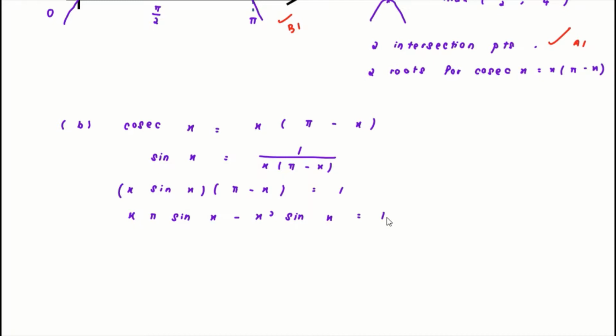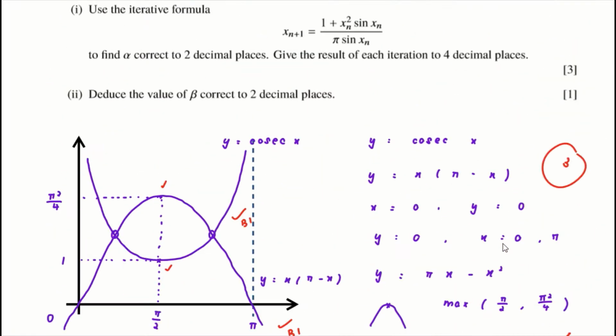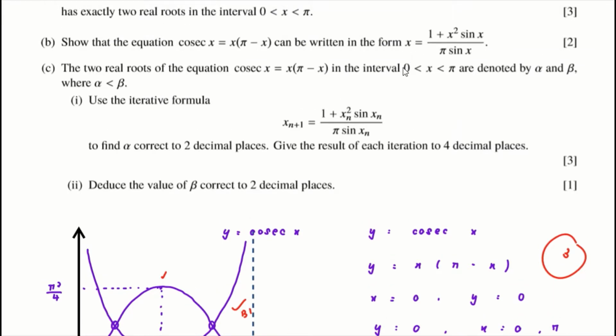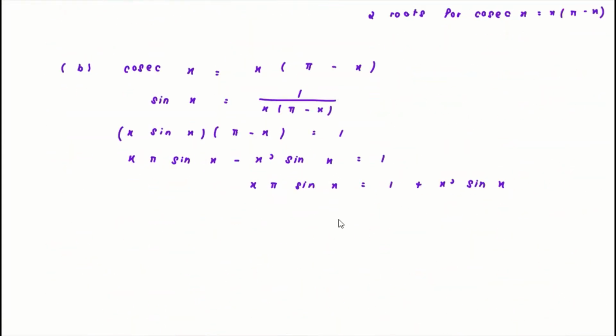We are very near to the answer already. So x pi sine x equals 1 plus x squared sine x. Then you bring the whole thing over to the other side and you're left with x. So x equals (1 plus x squared sine x) over (pi sine x).